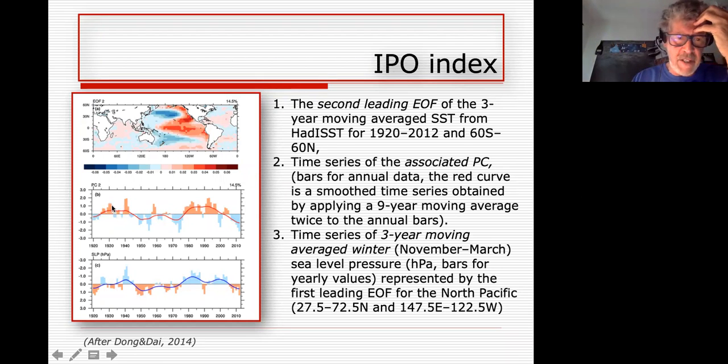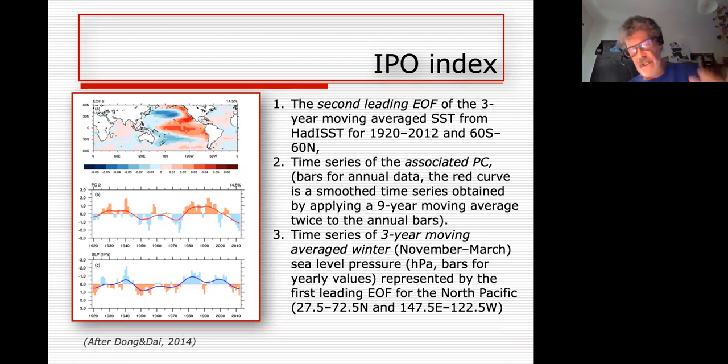Here you have the annual data, then you have the smoothed data, and it shows quite an evident oscillation. And this, to compare, is a time series of the sea level pressure calculated in the same areas, and you see that the two go quite well together.